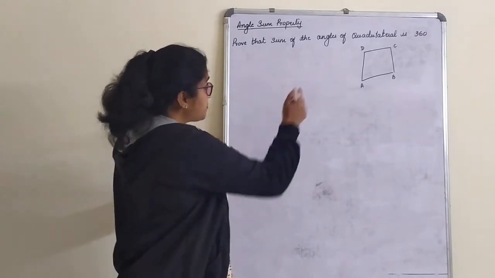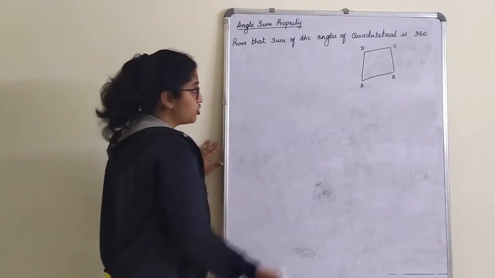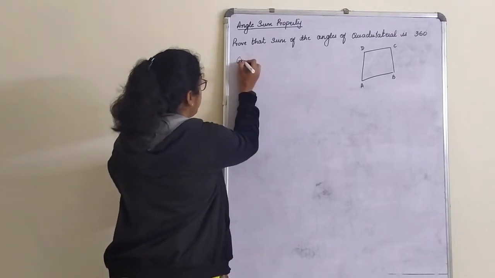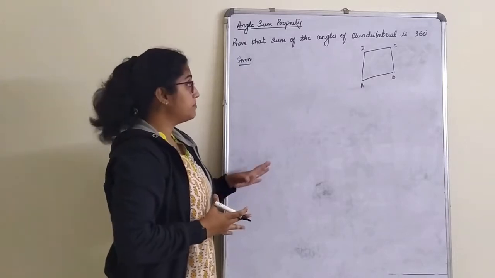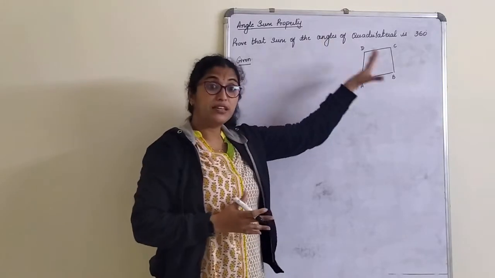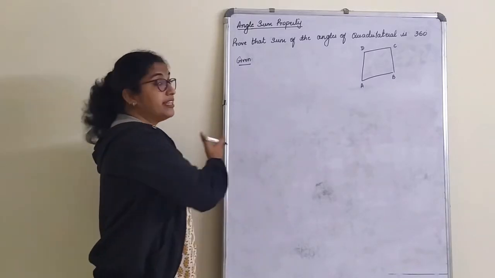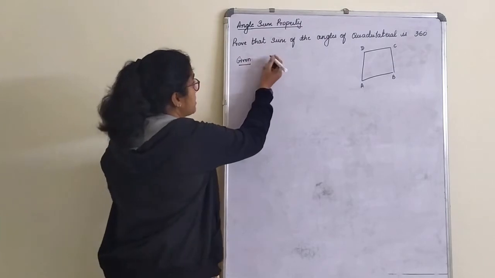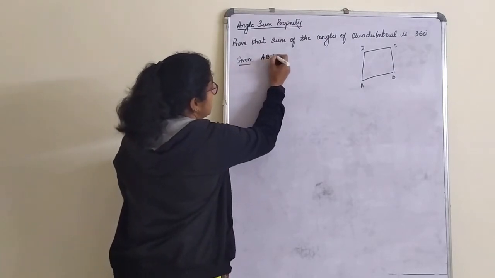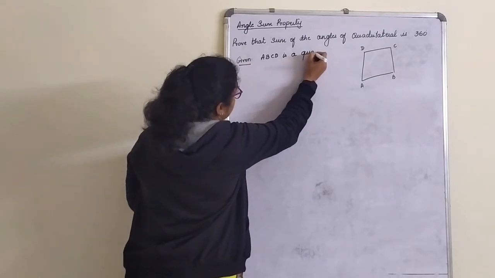Angle-sum property. Prove that the sum of the angles of a quadrilateral is 360. Given: how do you always start a geometrical problem? Your figure should always be on your right-hand side and from the left-hand side you have to start solving this. Please follow this rule. What is given? ABCD is a quadrilateral.